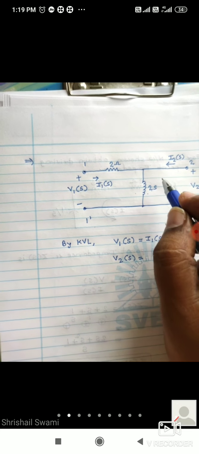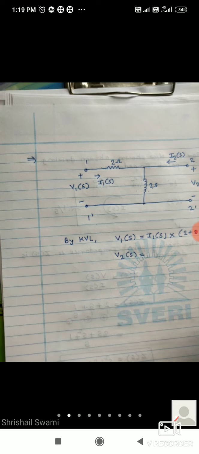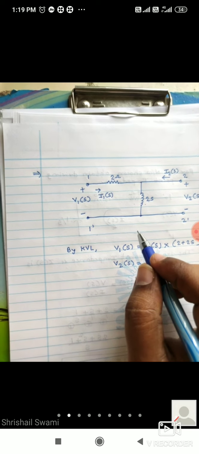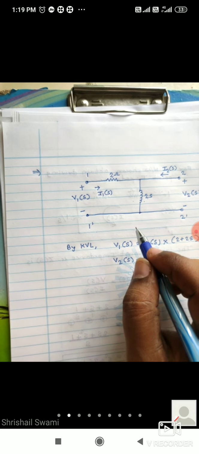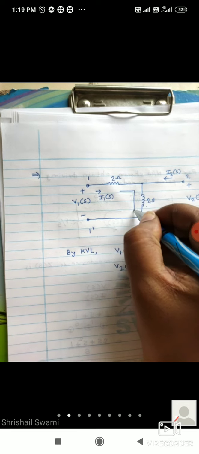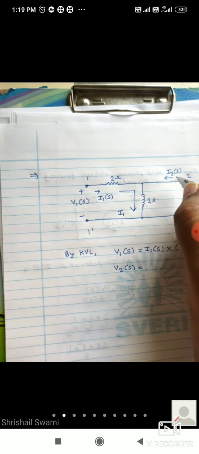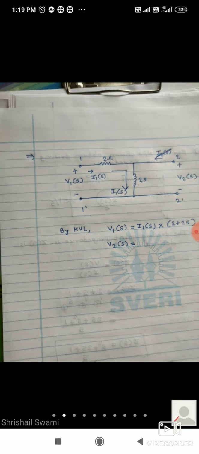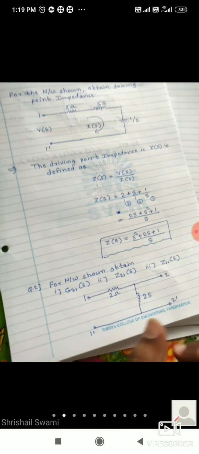Okay, actually is I2 present or not? Wait 1 minute. What is the input exactly they have given? Okay, V2 is not given, they have given only I1 of S. So remove this from the question. We will make the changes in the question.